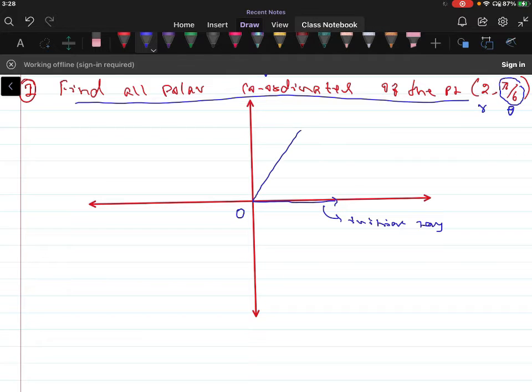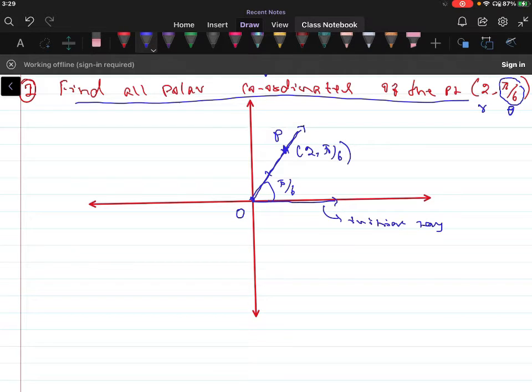Draw the ray making an angle theta equal to pi by 6 with the initial ray. Then mark the point at radius 2 units from the origin along the ray. This is 0, then 1 and 2. This point is (2, pi by 6).